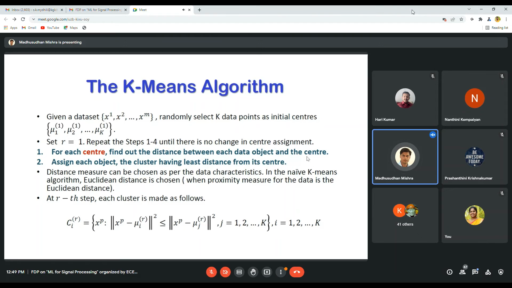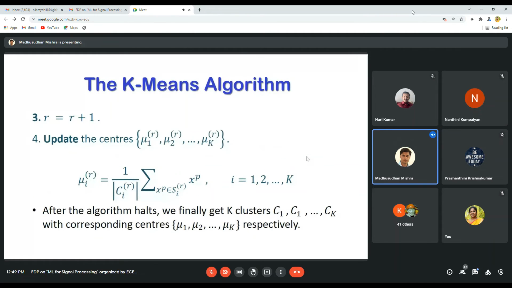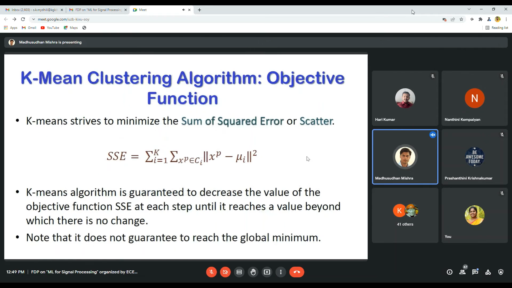We assign each object to the cluster having the least distance from its center, and we try to minimize the Euclidean distance. Finally, with this iteration process, when there is no change in the assigned centers, we stop. At the end, the clusters have formed.